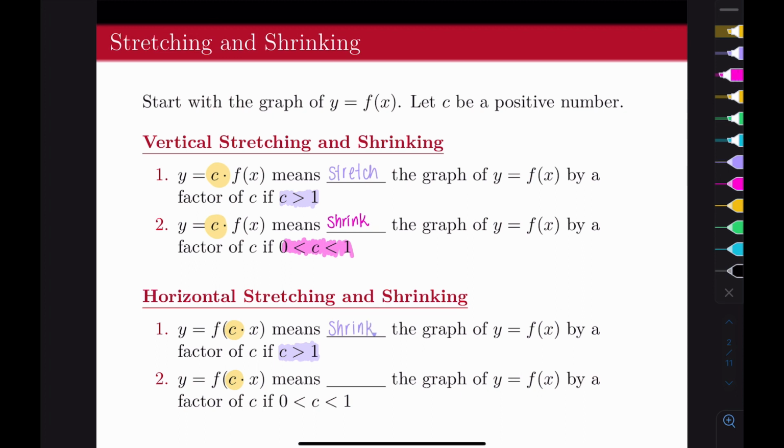And then if I have a fraction on the inside between 0 and 1, instead of shrinking my graph horizontally, it's going to stretch it. So it does the exact opposite. You don't have to make a serious mental note as to what the names of everything are. It does not move any points, or move the graph around per se. It just makes it thinner or wider.